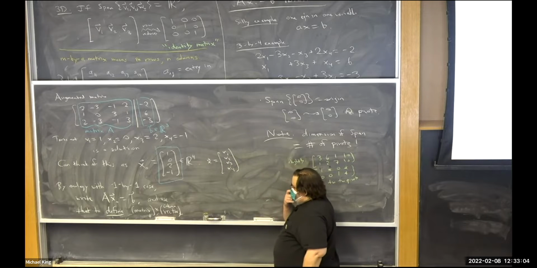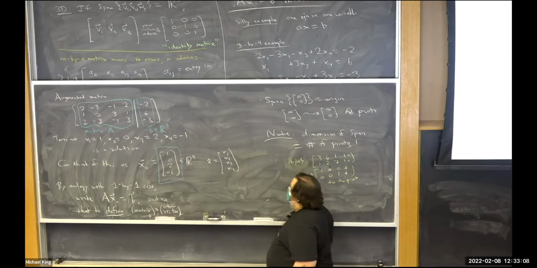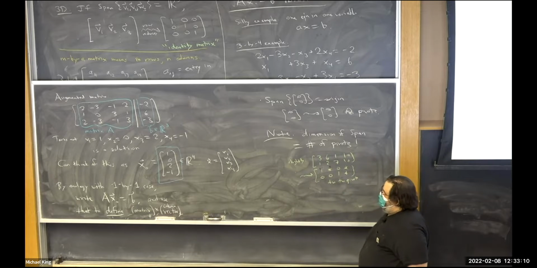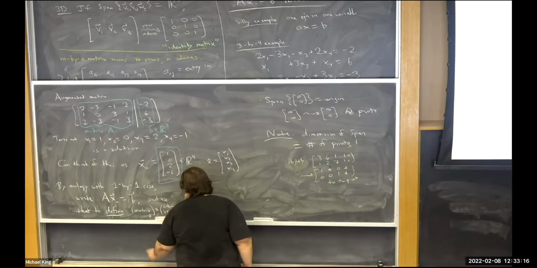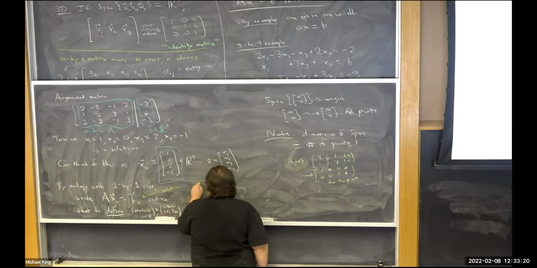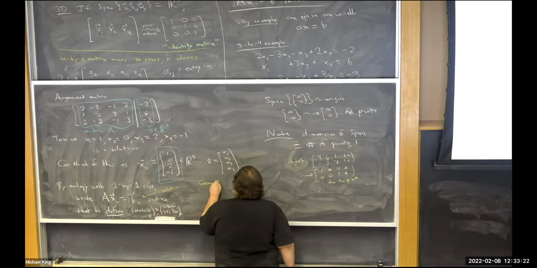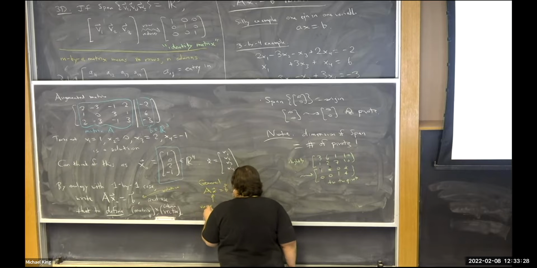Because that's a solution, this is a solution versus the general equation, where we would write A x equals B, where this is a variable vector.